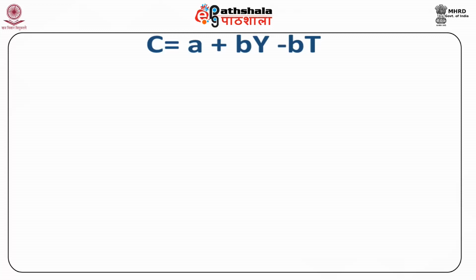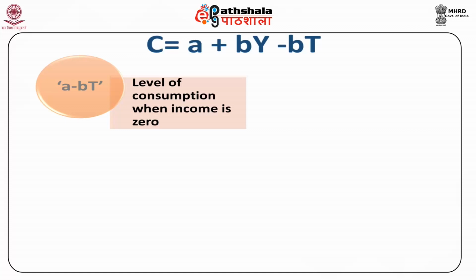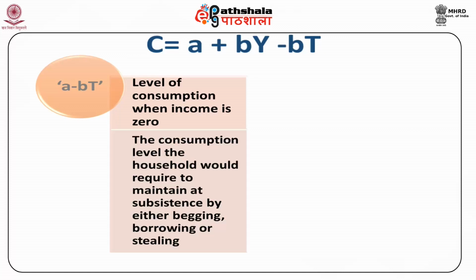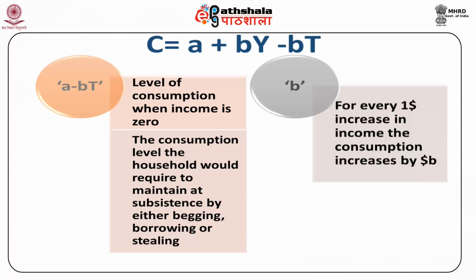The intercept A minus BT is the level of consumption when income is 0. This is the consumption level the household would require to maintain its subsistence by either begging, borrowing, or stealing. The slope of the consumption function is B. For every $1 increase in income, the consumption increases by $B.